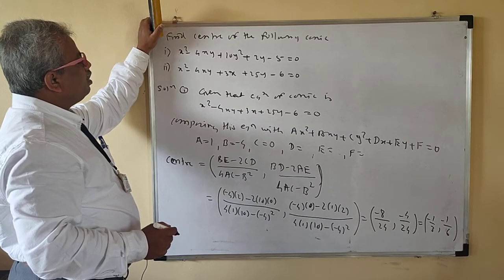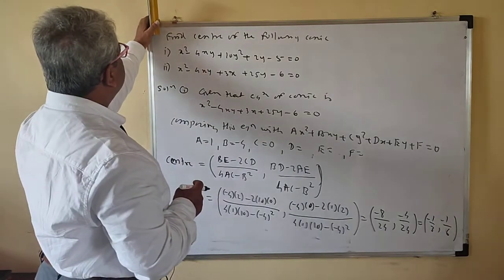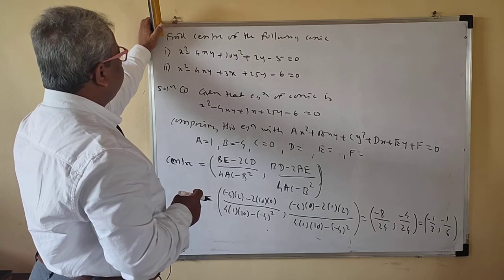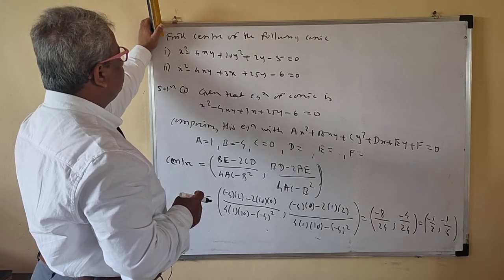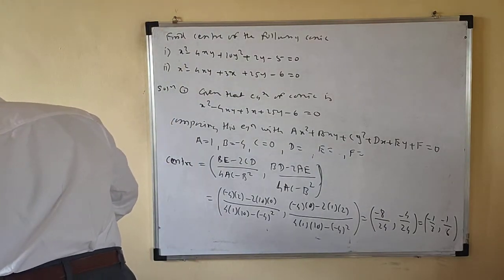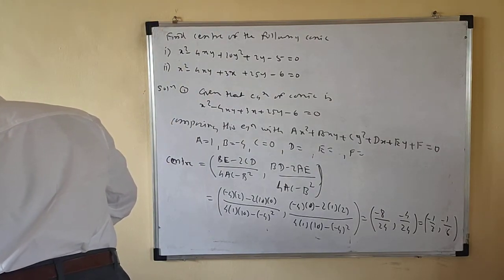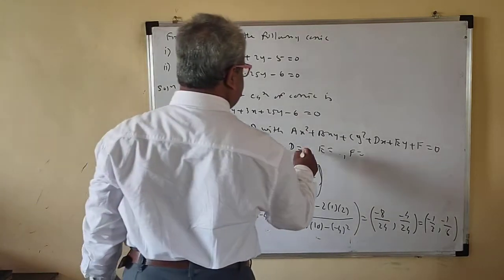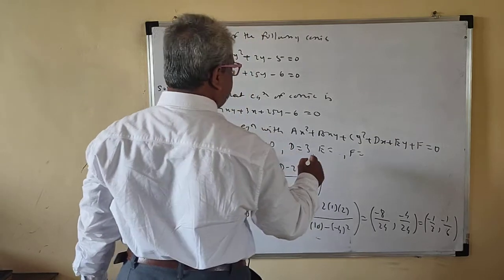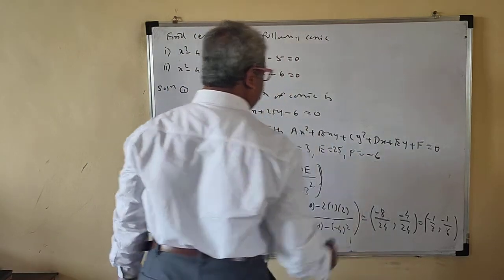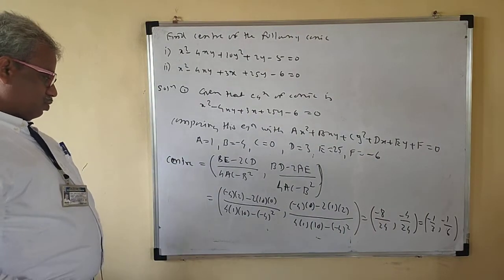So it should be the parabola. Your D is 3, your E is 25 and F is minus 6. Okay, so the constant is minus 6.